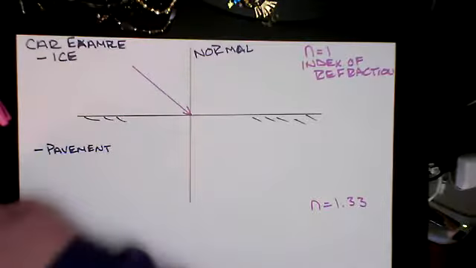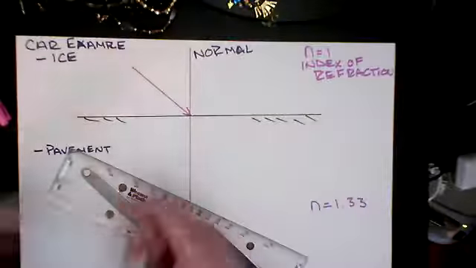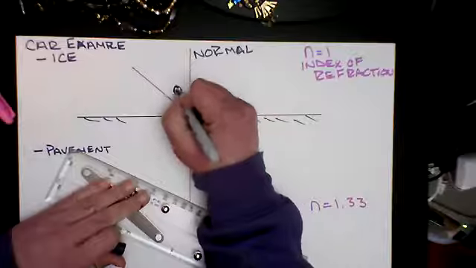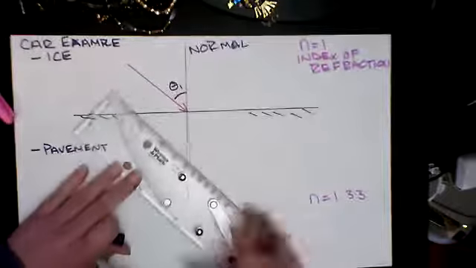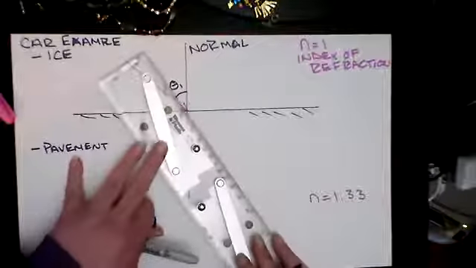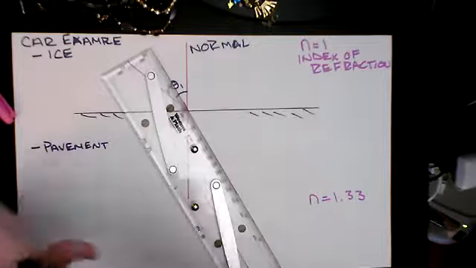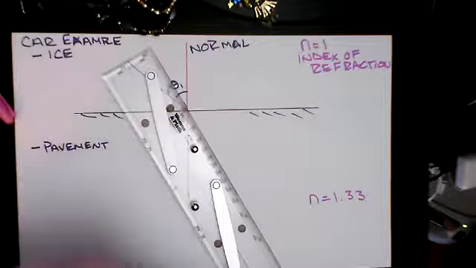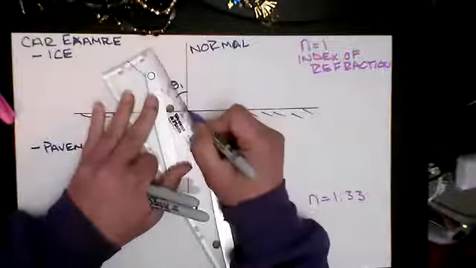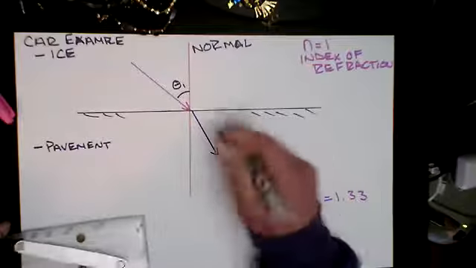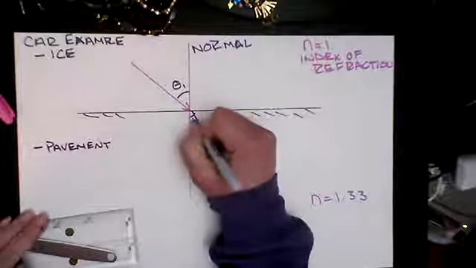If I call this angle theta 1, now the movement of my car is going to bend it towards the normal. So it's going to come something like this, and then this would be theta 2.